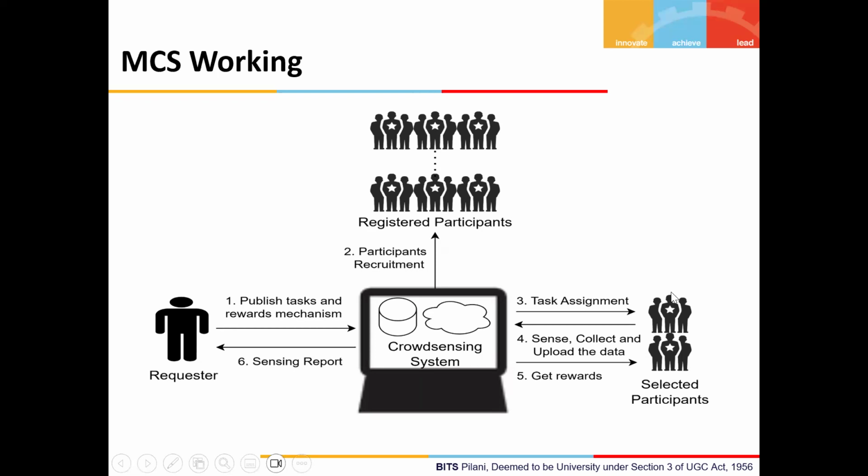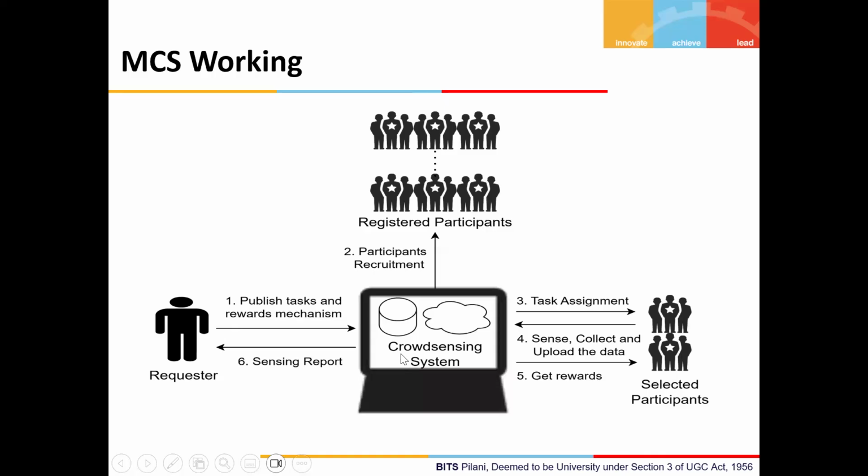Now they will use their own devices to collect the data and upload it to the crowdsensing system. Against the efforts that they have made, the crowdsensing system will provide incentives or rewards to the participants, based on the requester's requirement.